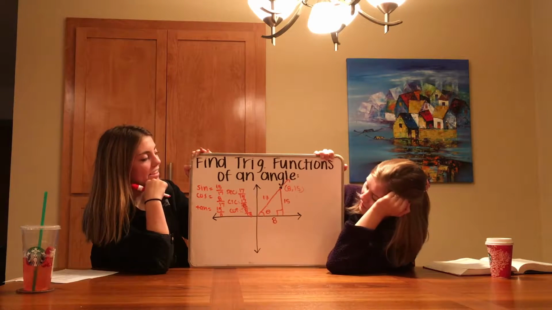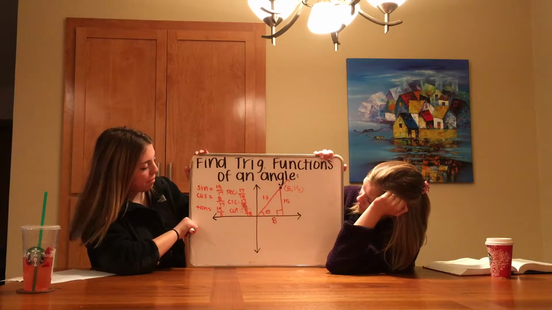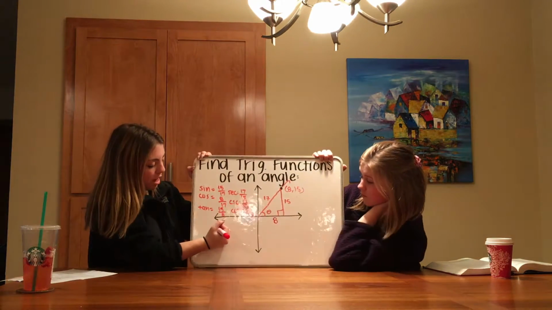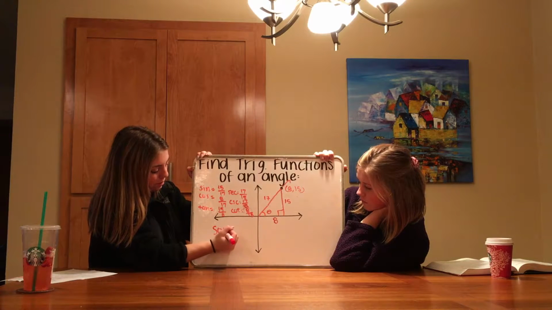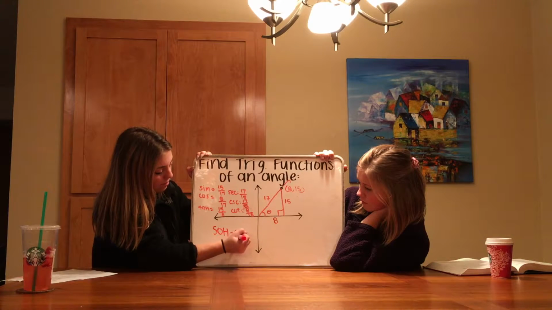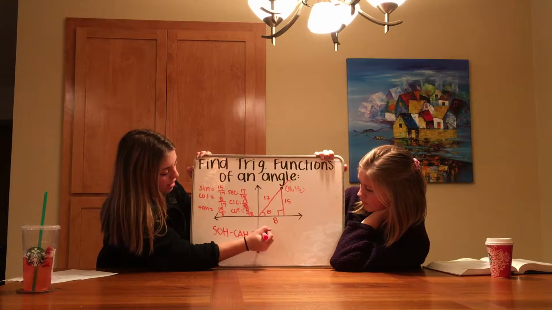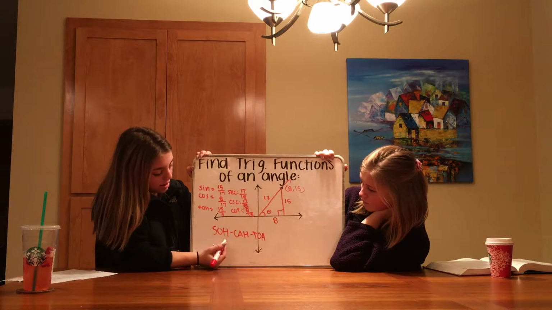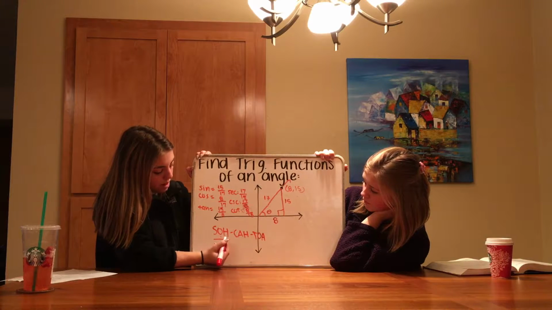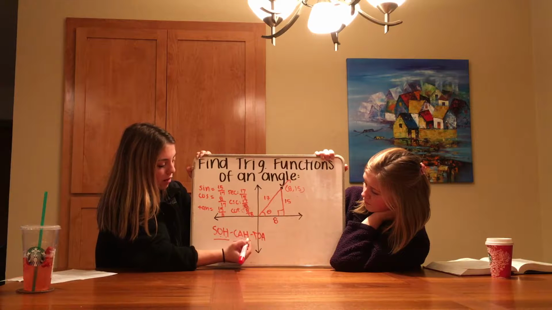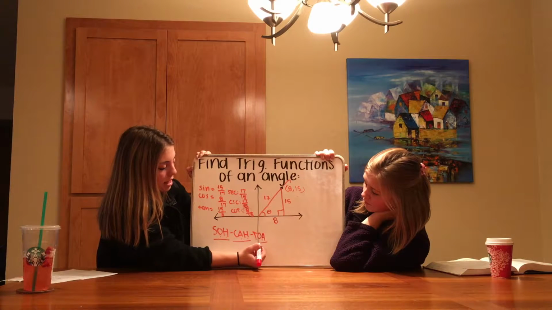Okay, so lastly, another way to remember these functions is a cool thing called SOH CAH TOA. And this represents sine, opposite over hypotenuse, cosine, adjacent over hypotenuse, and lastly, tangent, opposite over adjacent.